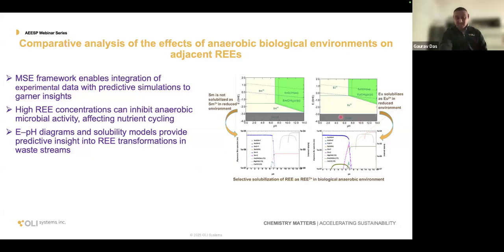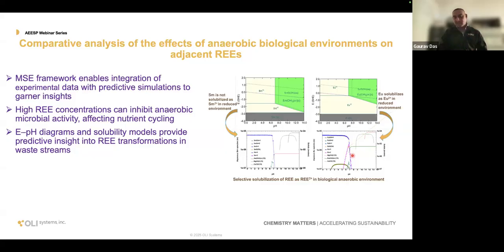Actually, it tells us that when shifting the rare earth element from samarium to europium, there is a greater propensity that europium will be bioavailable for a wider range of processing conditions vis-a-vis pH. So the thermodynamic MSE framework enables investigation of experimental data with predictive simulation to garner insights.